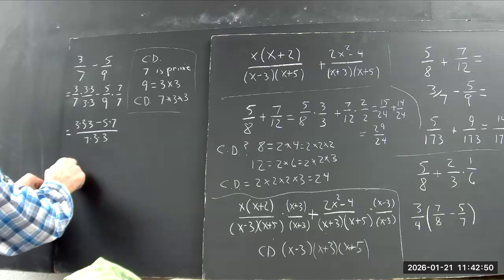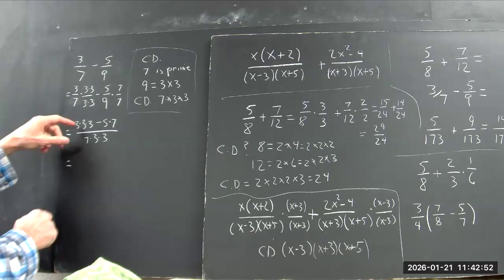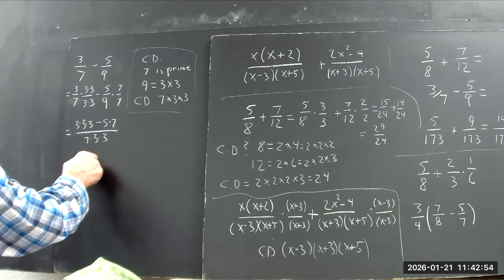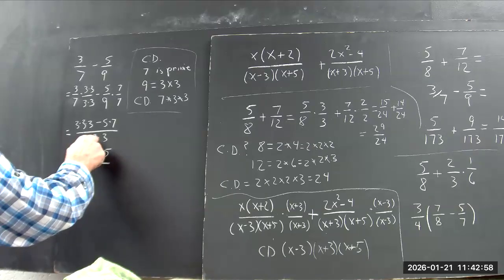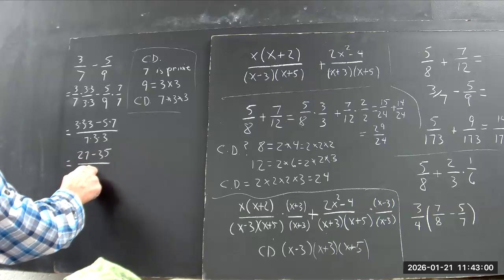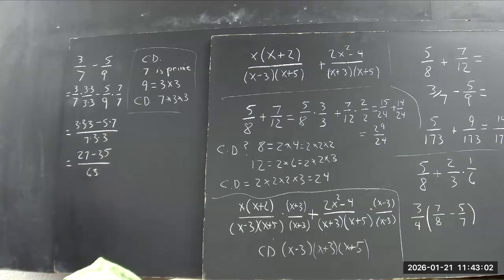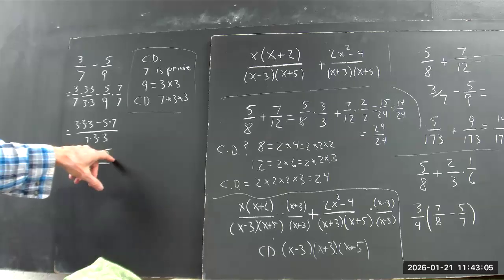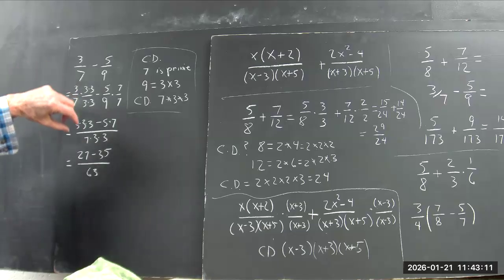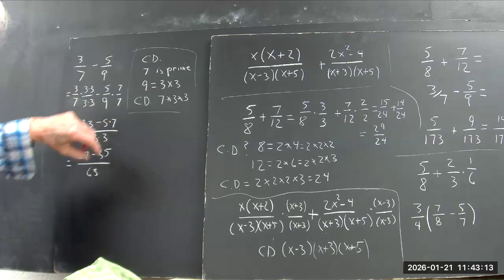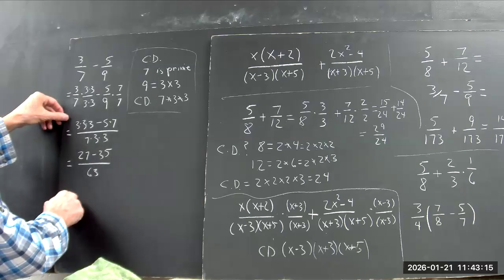And now at this stage, I multiply it out. 3 times 3 times 3 is 27. 5 times 7 is 35. And 7 times 3 times 3 is 63. Then I can simplify the numerator, okay? So I've got numerator 27 minus 35, denominator 63.